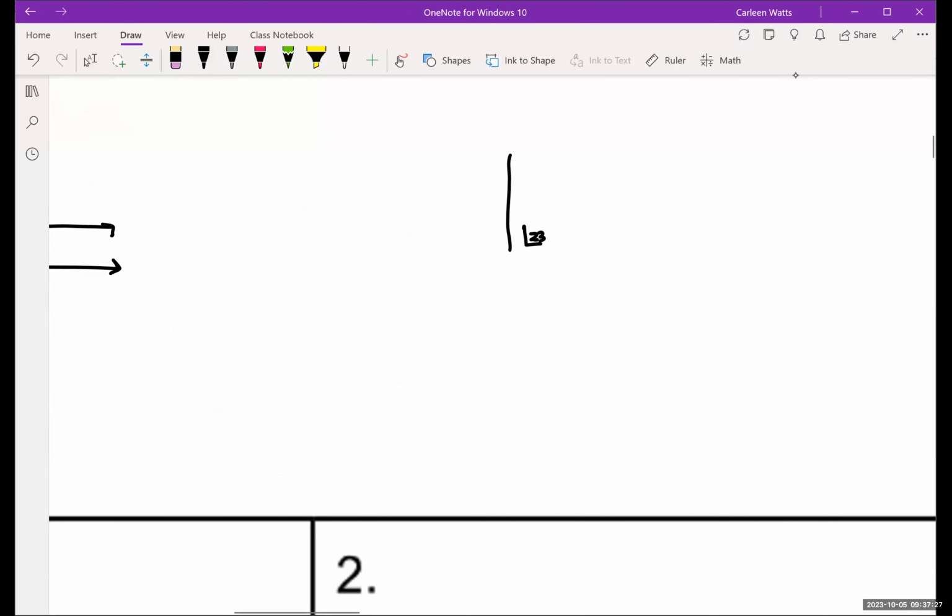Let's go ahead and I'll draw the grass again for the exterior. Okay, I need a pair of same side interior angles. Yeah, 2 pairs. Ooh, not corresponding.